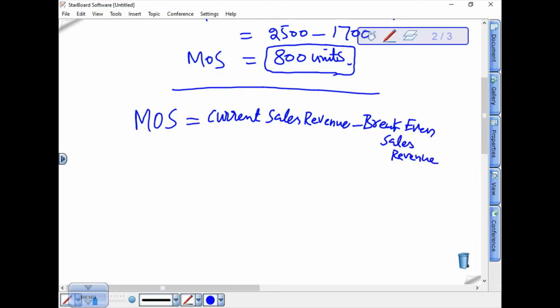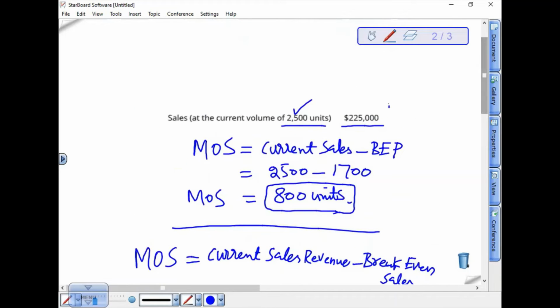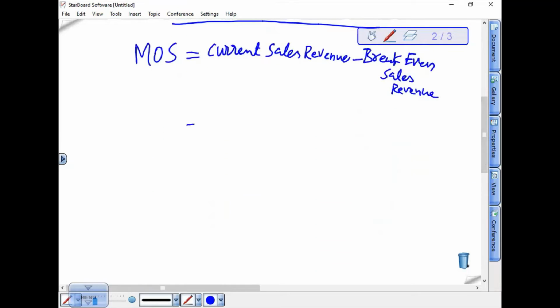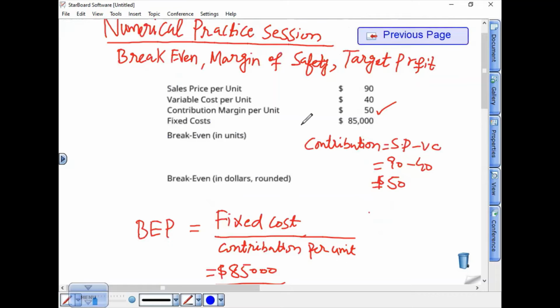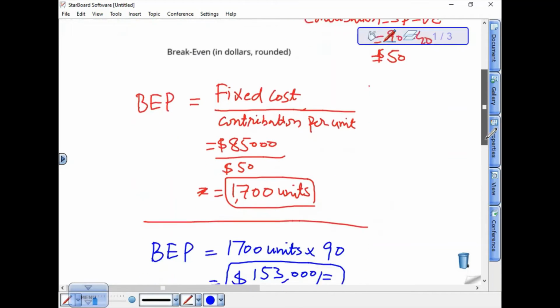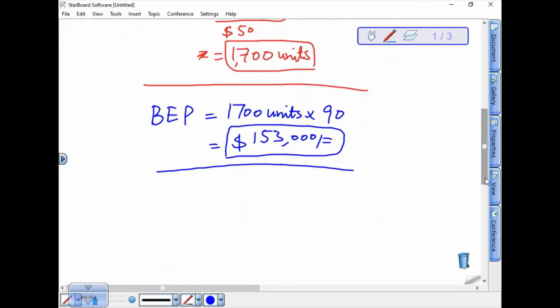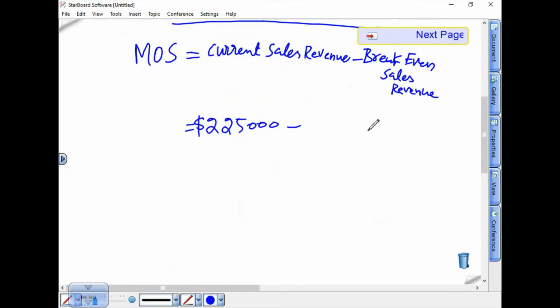Now our current sales revenue, as it is given in the question, is $225,000, minus break-even sales. You can go back to the numerical question. We just calculated break-even point in terms of dollars, take this value $153,000.